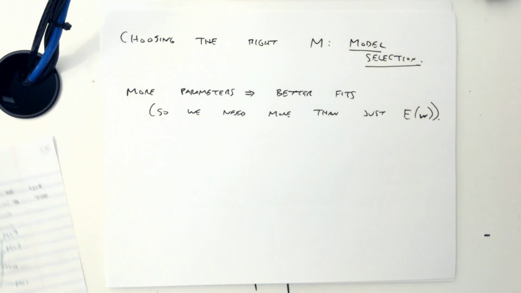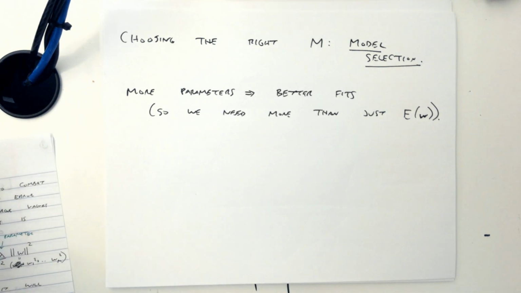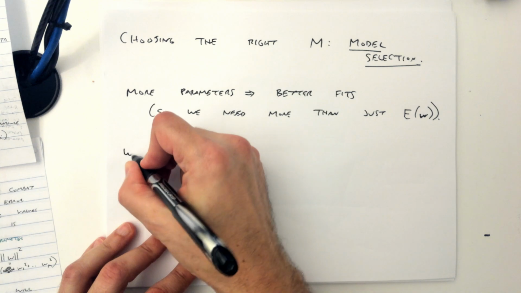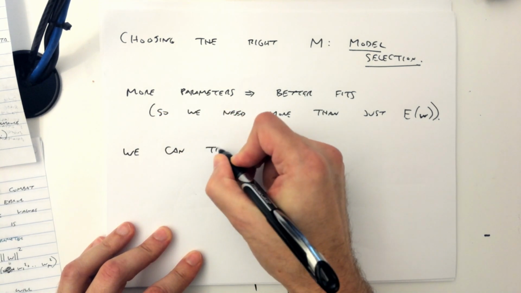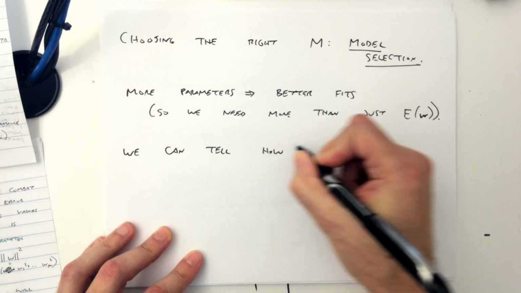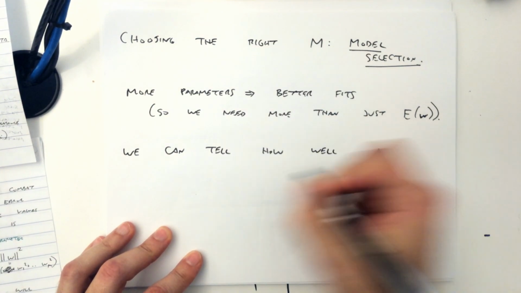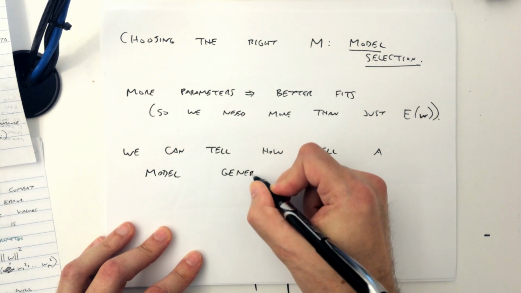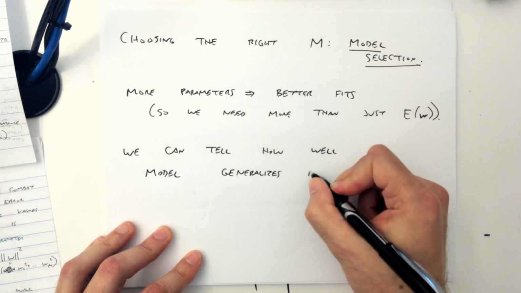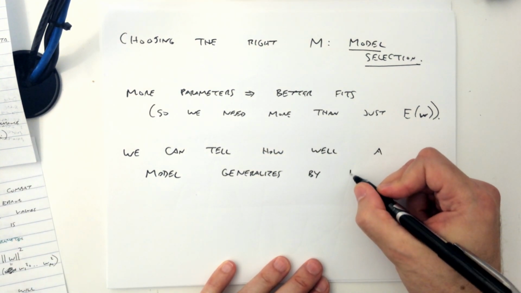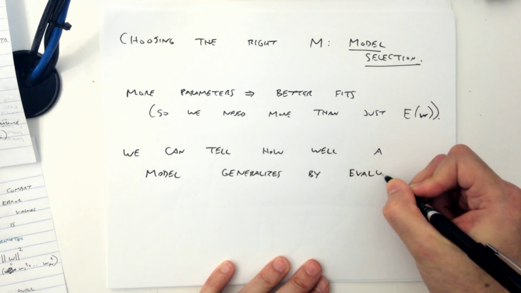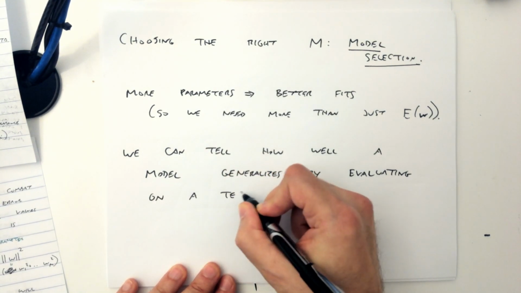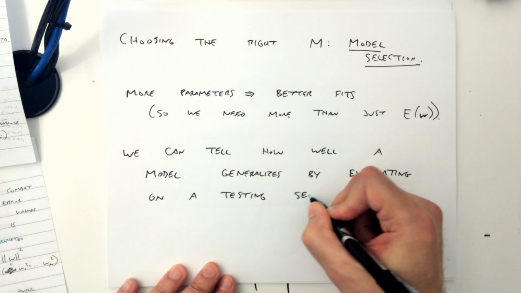So this is where we talk about a testing set, so we can tell how well a model generalizes by evaluating on a testing set, right?